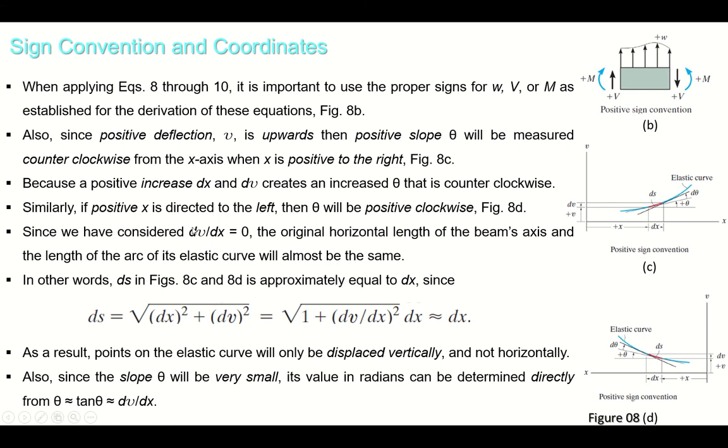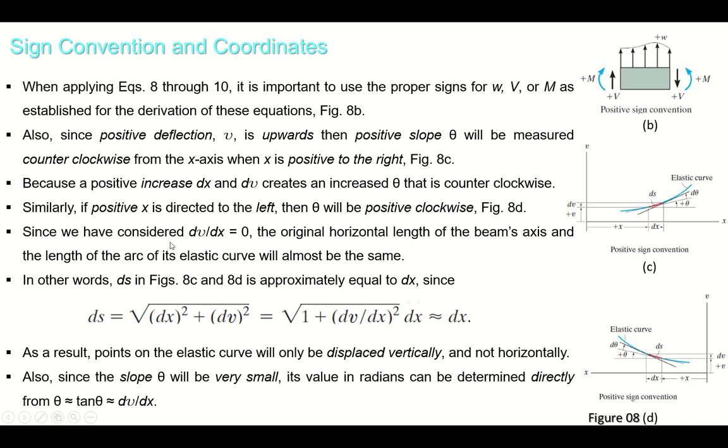Similarly, if positive x is directed to the left, then theta will be positive clockwise. For example, if you are coming from the right and it is to your left, then in this case, see, the theta is in clockwise direction and it is taken as positive, right?